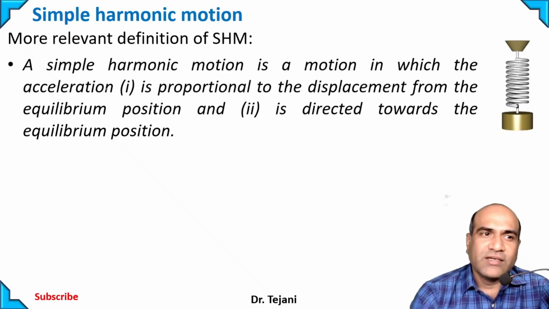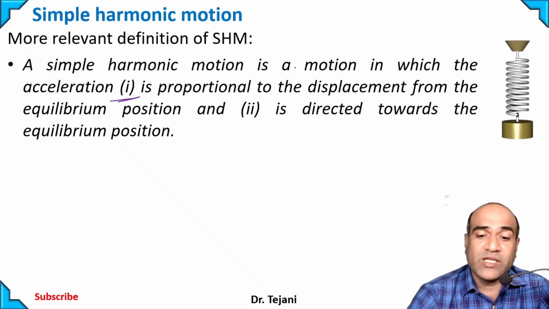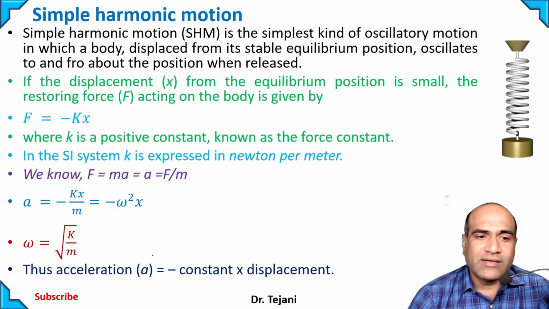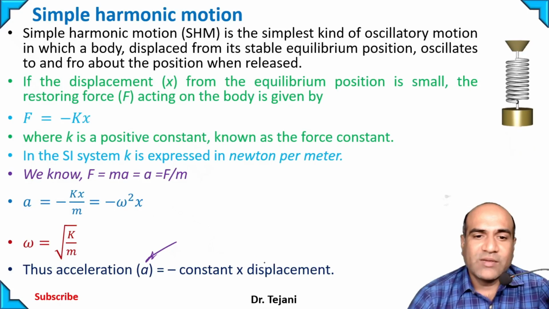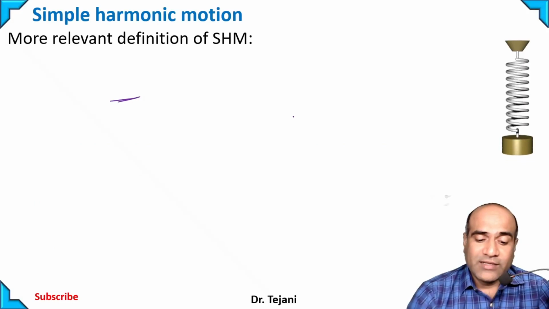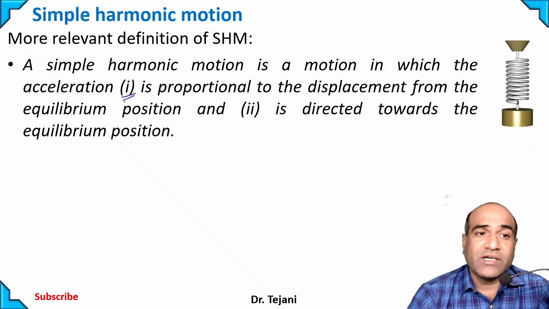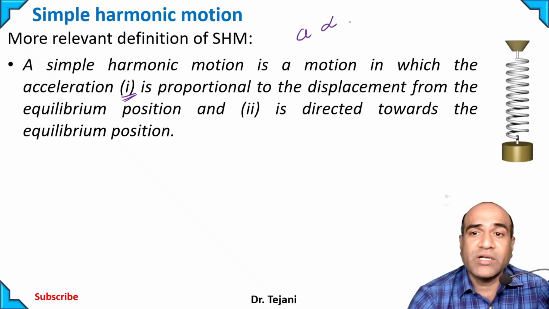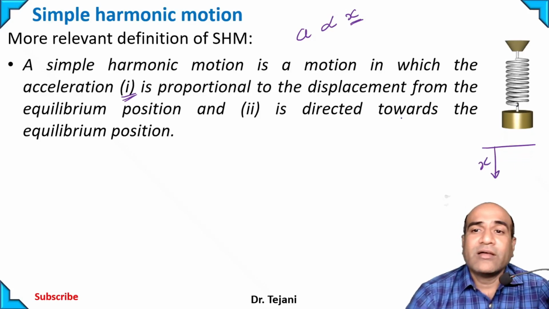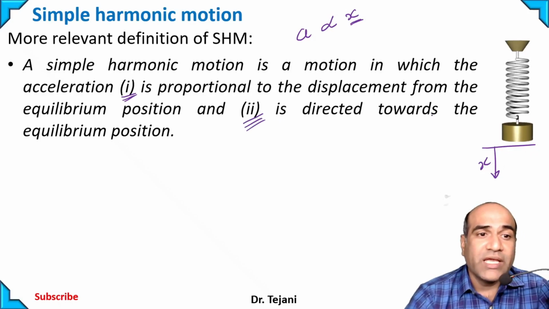First, a simple harmonic motion is a motion in which acceleration is proportional to displacement, the displacement from the equilibrium position, and second, it is directed towards the equilibrium position.